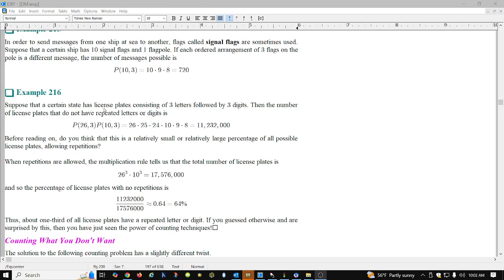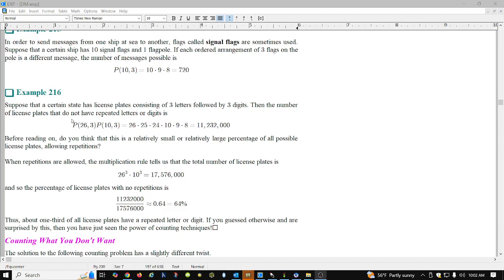Suppose that a certain state has license plates consisting of 3 letters followed by 3 digits. We talked about this before. In California, this was the case. Find the number of license plates that do not have repeated letters or digits.